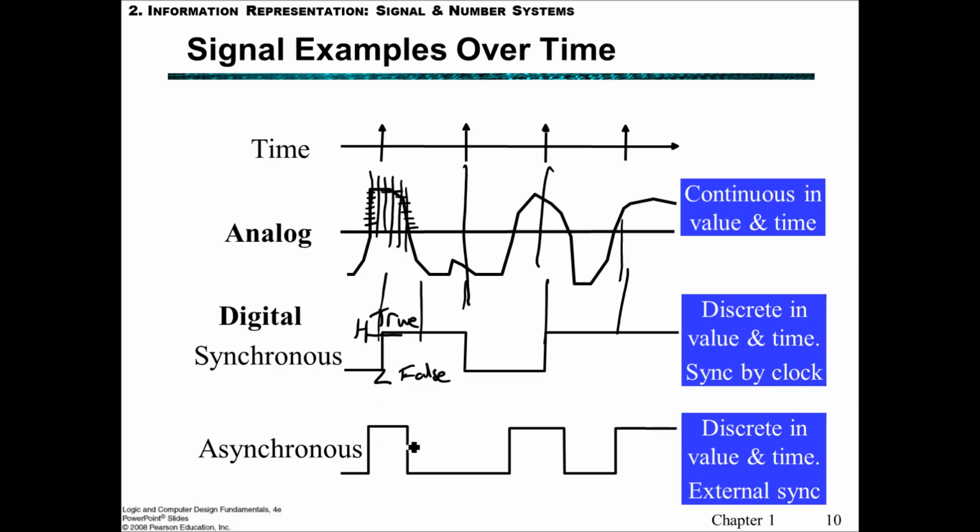Where it's asynchronous, it is still discrete in both value and time, and it's still only happening at certain intervals, not completely continuous, but it's not synchronized by a specific clock. It's externally synchronized. An example of this may be a keyboard, where the keystrokes are not happening at certain time intervals, but happening asynchronously.